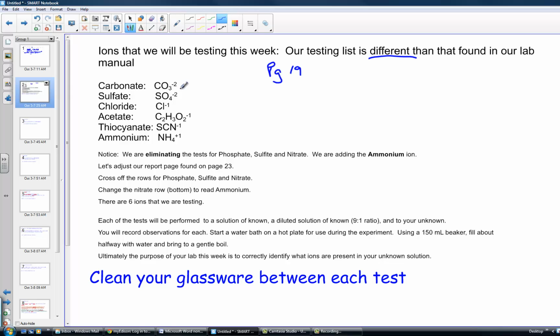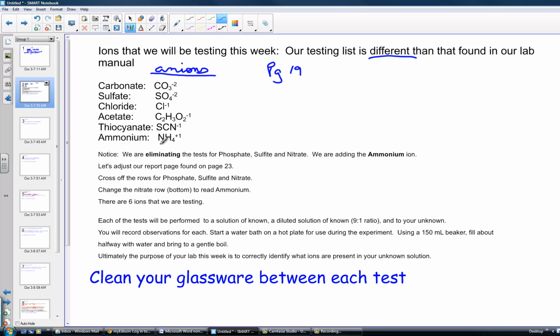In this experiment, we are spot testing or analyzing a mixture that may contain any of the following. First one, carbonate, CO3 minus 2. Notice these are all negative ions, all anions. Carbonate, sulfate, chloride, acetate, thiocyanate, and ammonium, a positive.